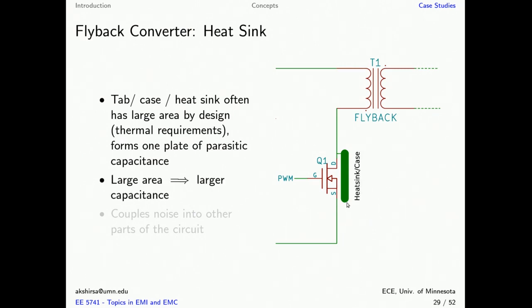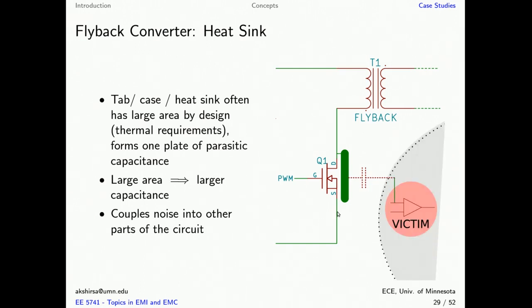Because this voltage is switching, this large area can couple noise into other parts of the circuit as well. So this is the second problem with VDS having a switching voltage. We can have noise induced in other nearby parts of the circuit just by having switching voltage at the drain.